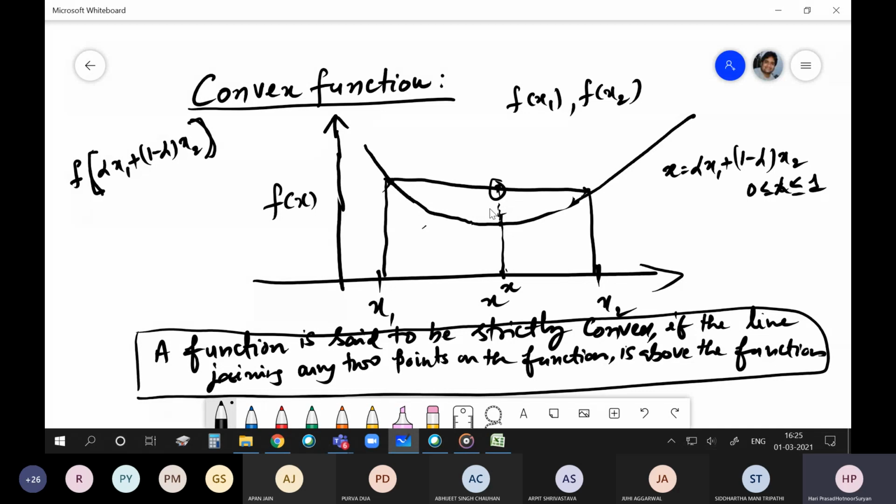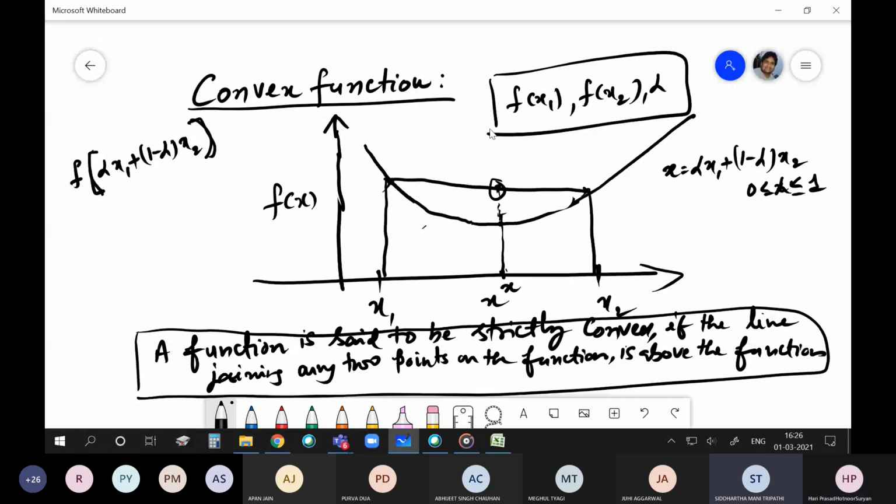So m times x minus x1 plus f of x1, where m is equal to f of x1 minus f of x2 upon x1 minus x2. In terms of alpha, f of x1 and f of x2, so alpha f of x1 plus 1 minus alpha f of x2. Exactly. So the value on this will be equal to alpha times f of x1 plus 1 minus alpha times f of x2.